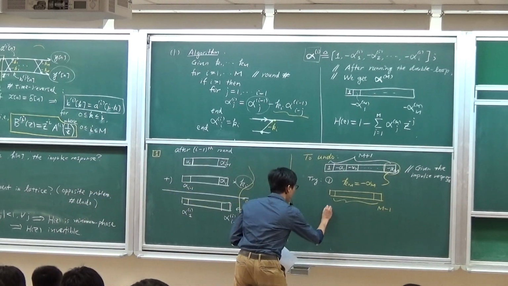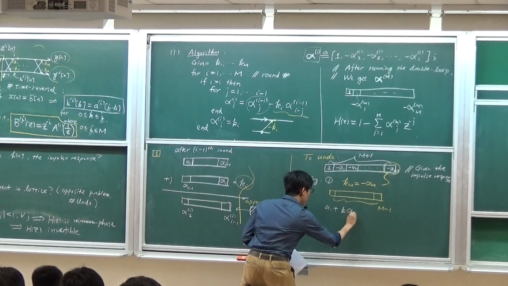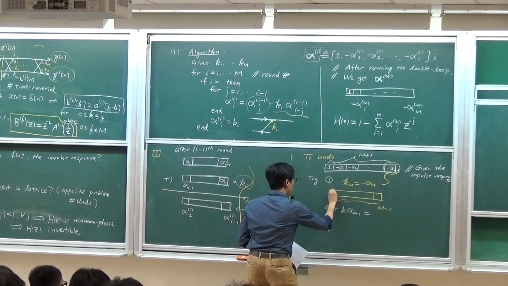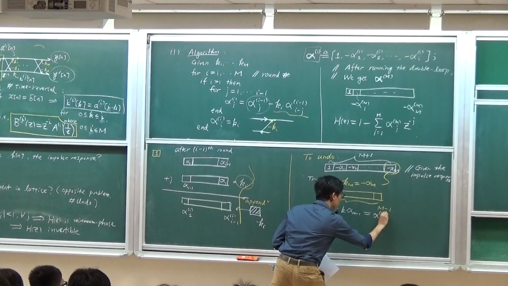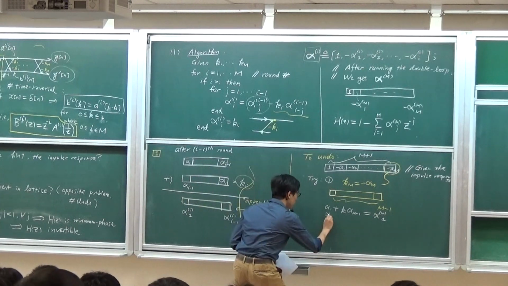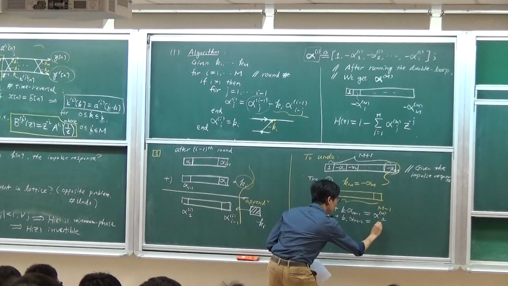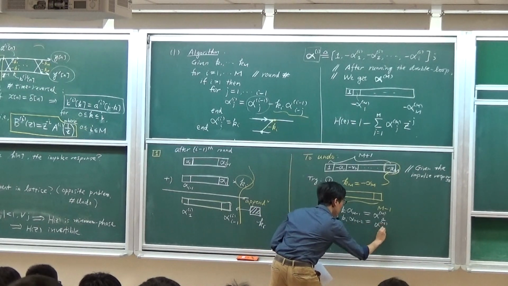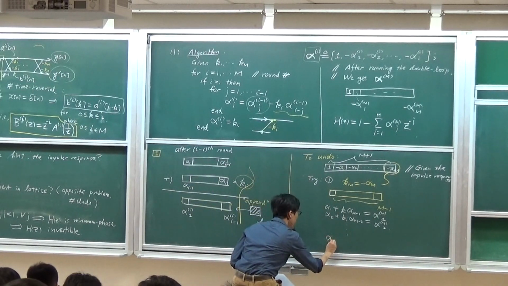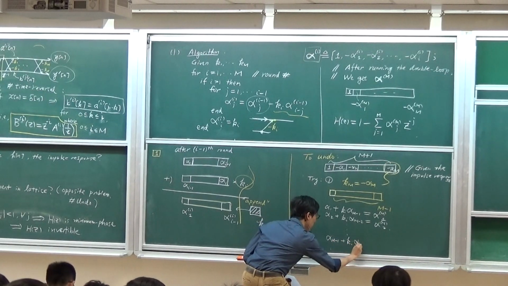Here we have alpha 1 plus ki times alpha n minus 1 equals alpha with a superscript n of 1. And we have alpha 2 plus ki times alpha n minus 2 equals alpha with a superscript n, then the number 2, and so on. And finally, we have alpha n minus 1 plus ki alpha 1.